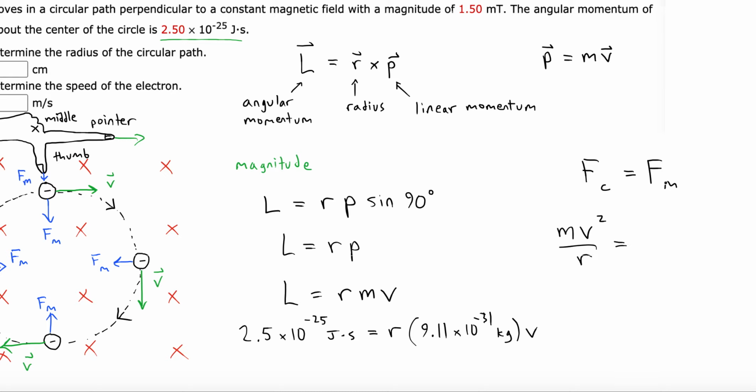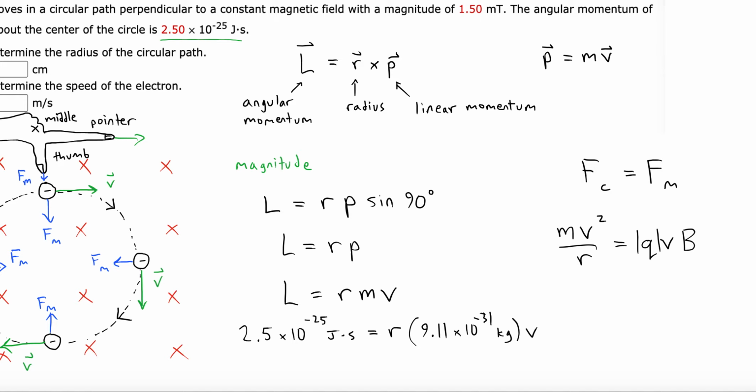And we have a formula for magnetic force, absolute value of Q times V times B, as long as it's a cyclotron. I'm going to put an absolute value around the Q because I want it to be positive. The centripetal force is going to come out positive because your radius is positive and your velocity gets squared, but just to be mathematically precise, I'll put an absolute value around that.